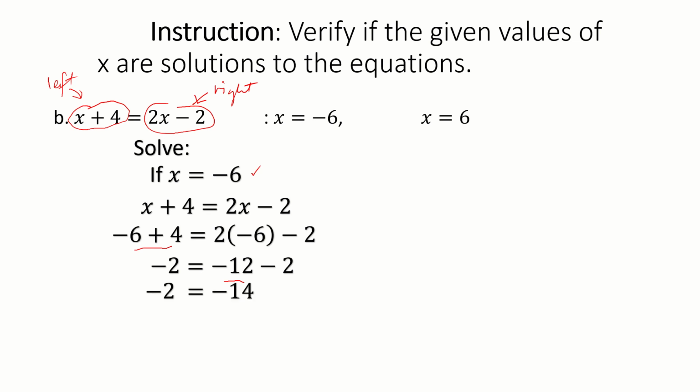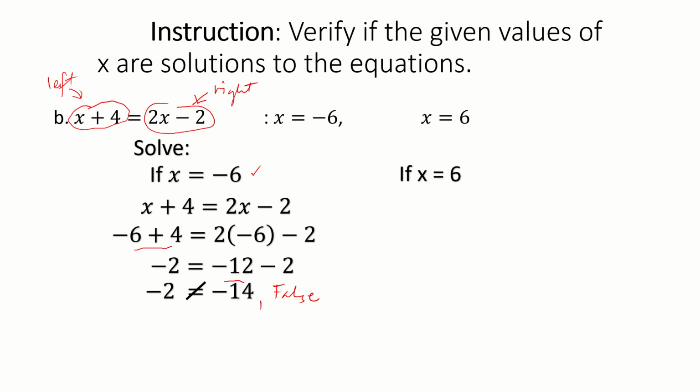So it becomes negative 14. If you notice, the left side becomes negative 2, the right side becomes negative 14. So they're not equal. As a conclusion, negative 6 is not a solution to the equation, because its result is a false statement.